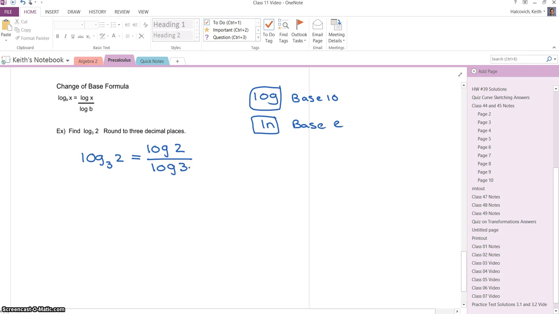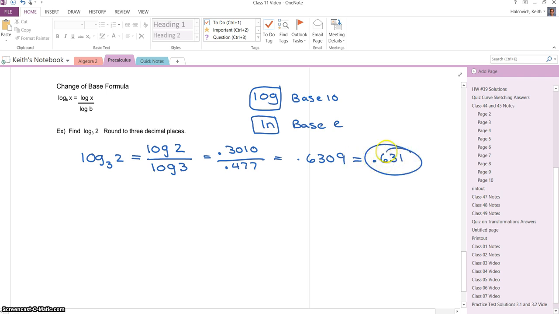So log 2 gives you 0.3010, and when you divide that by log 3, which is 0.477 something, you get 0.6309, which rounded to 3 decimal places is 0.631.